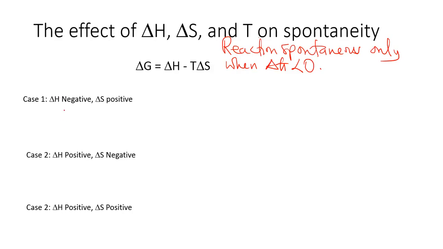Case 1: delta H is negative and delta S is positive. I'm going to use numbers here. So let's say delta G equals delta H, maybe 20,000 joules, minus T delta S, which is 85 joules per Kelvin.